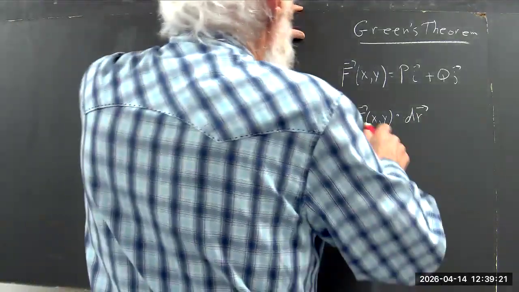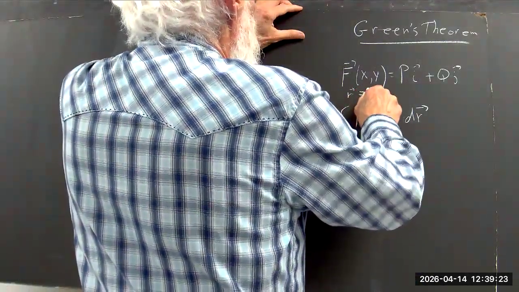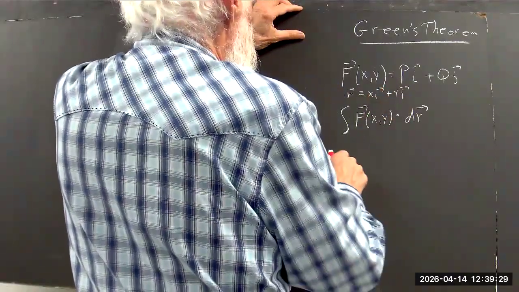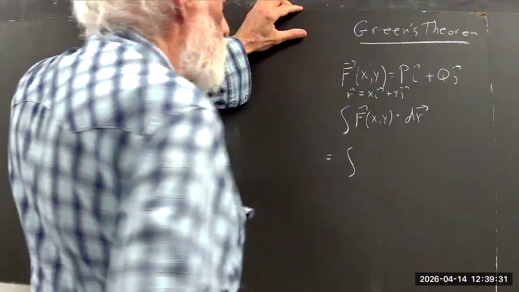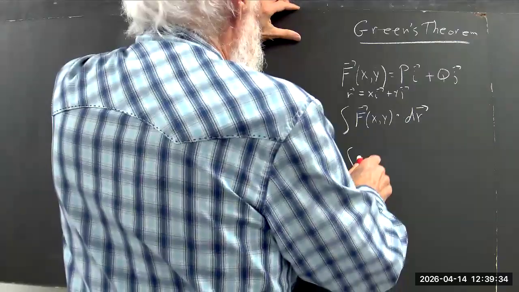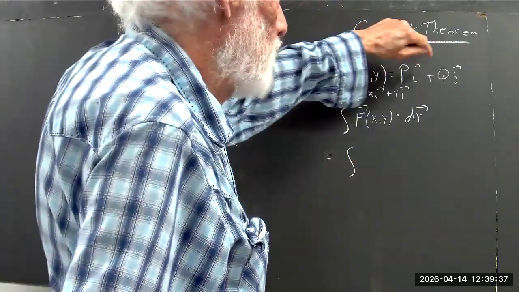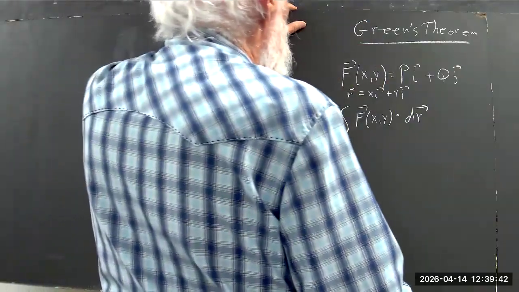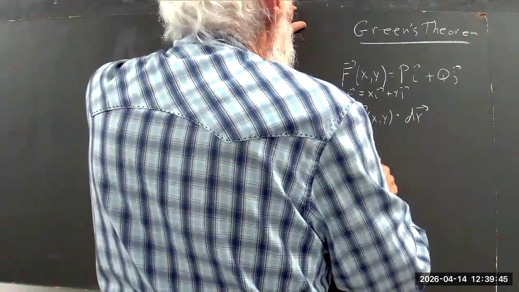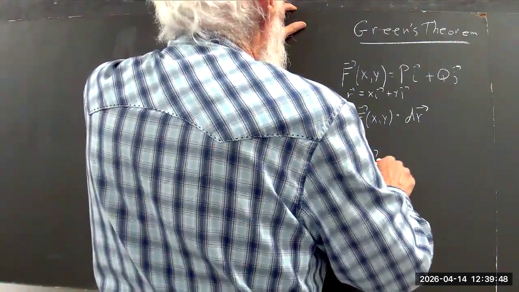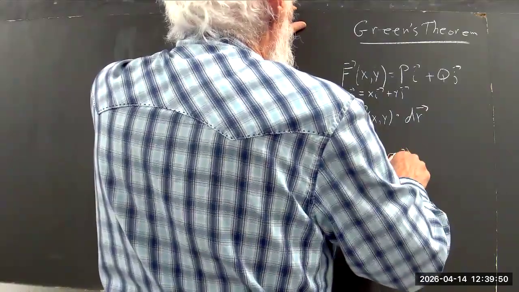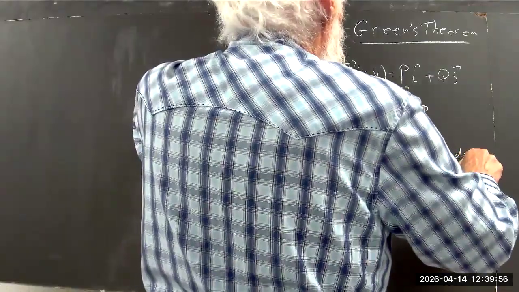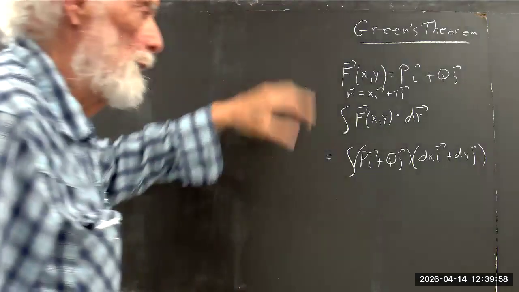So you would maybe write that r equals x i plus y j. It is going to be the integral of P i plus Q j dot dr, and dr is, well, we'll write it out, P i plus Q j times dx i plus dy j.